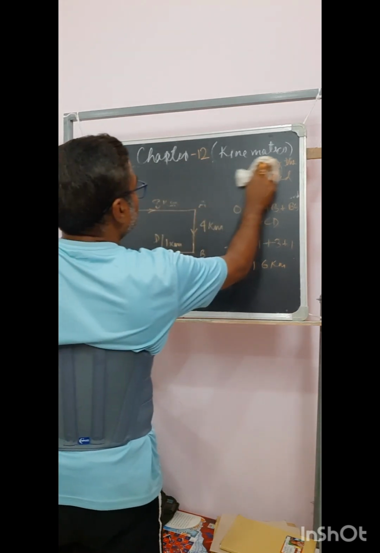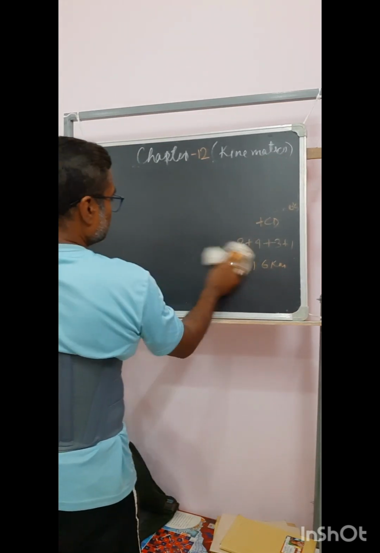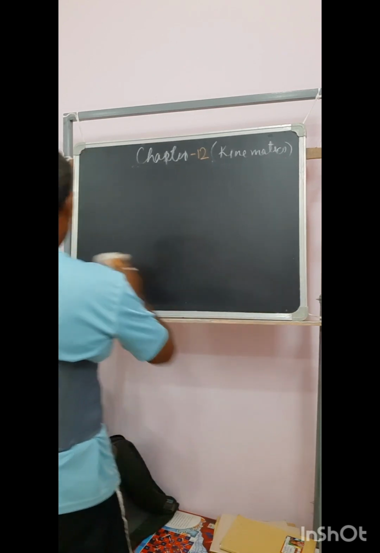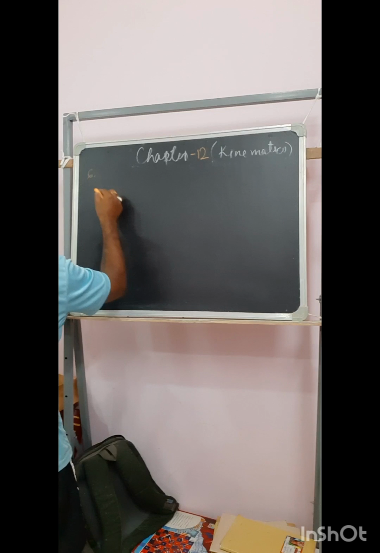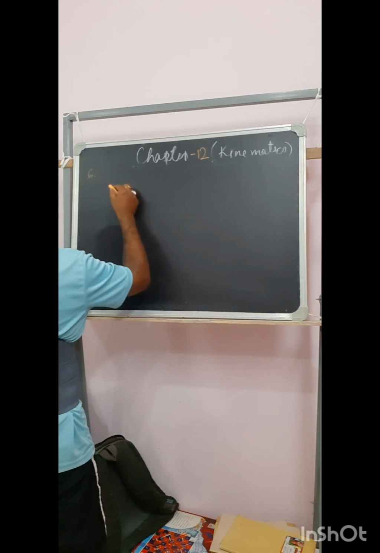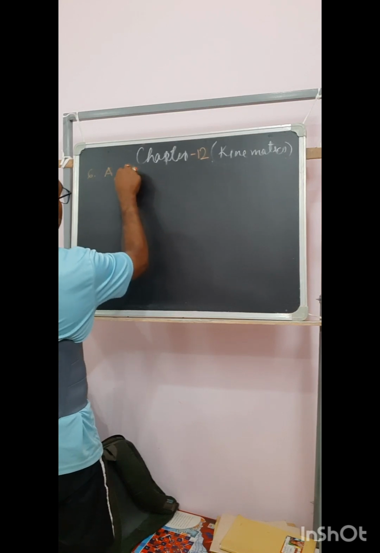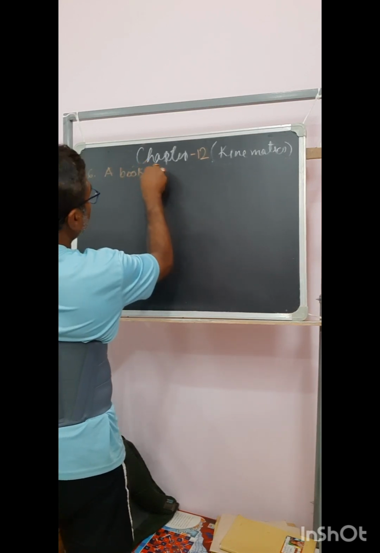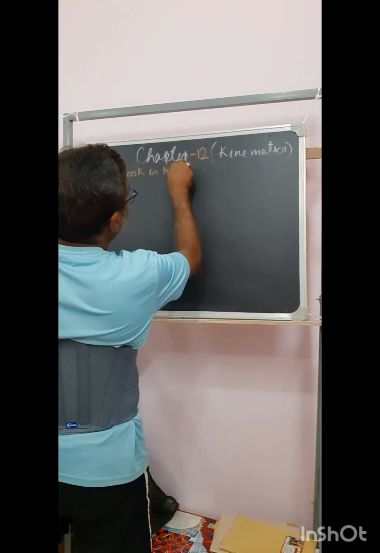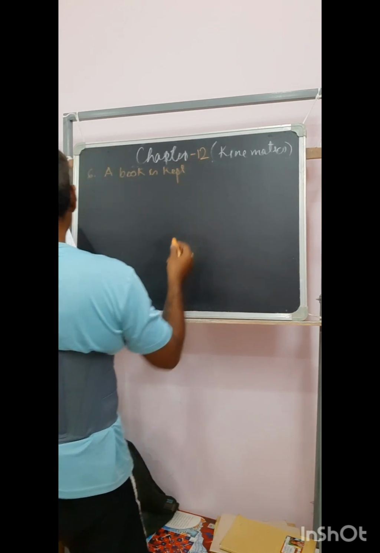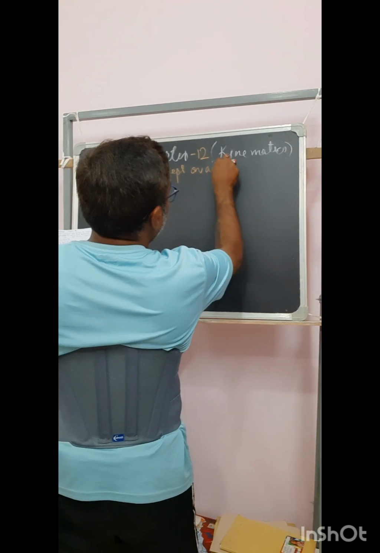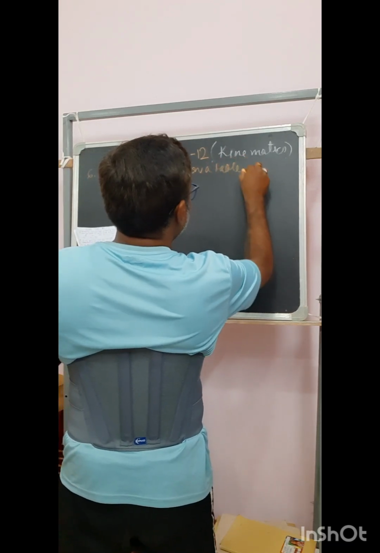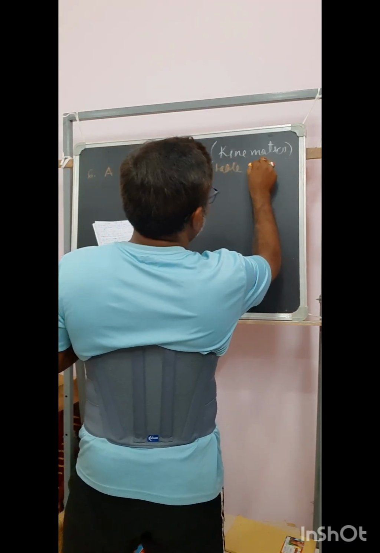Okay, now moving to number 6. A book is kept on a table at rest.